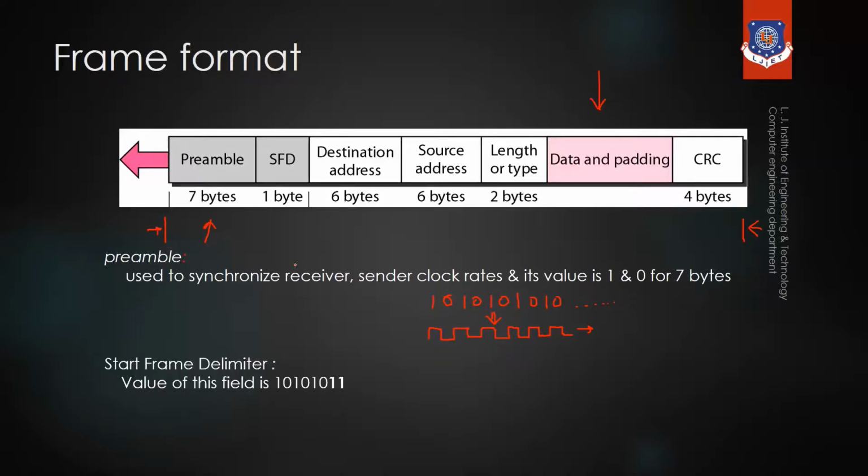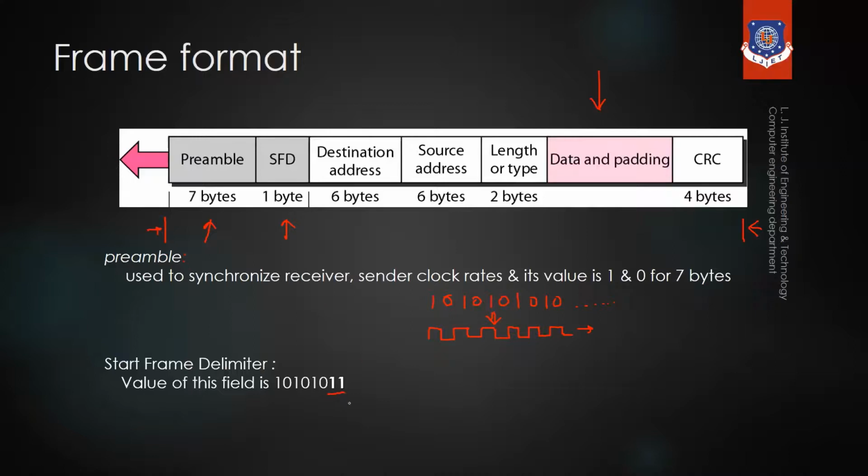The next field is the SFD, which is called Start Frame Delimiter. The value of the SFD is the same as the preamble, but the only difference is that the last two bits are 1-1.